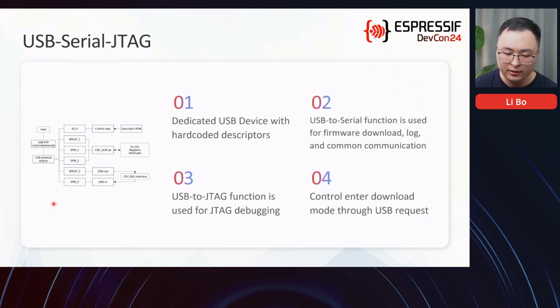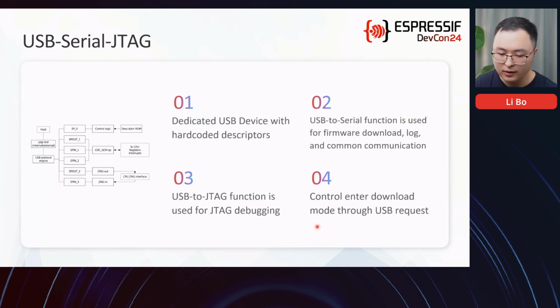The chip with USB-Serial-JTAG supports two interfaces, the USB-to-JTAG interface and the USB-to-serial interface. The USB-to-JTAG interface is used for JTAG debugging, and the USB-to-serial function is used for firmware download, logging, and user communication.